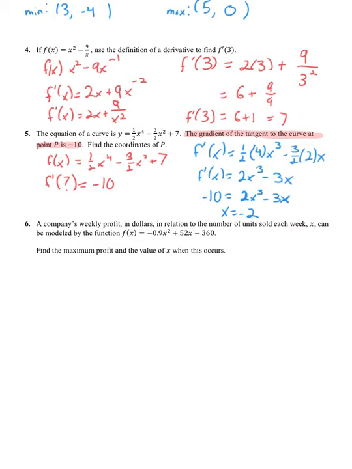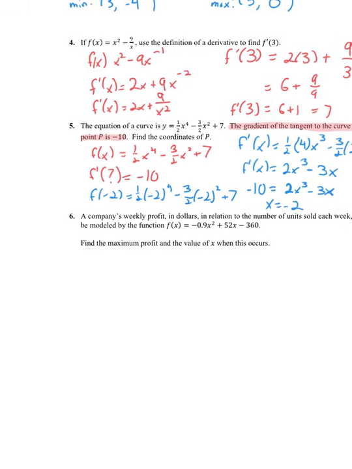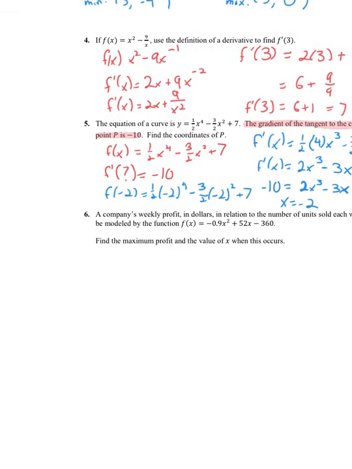So I found the x value. Now I just go back to the original function and say f of -2 equals 1/2 times -2 to the 4th minus 3/2 times -2 squared plus 7. And now I get 1/2 times 16 minus 3/2 times 4 plus 7.